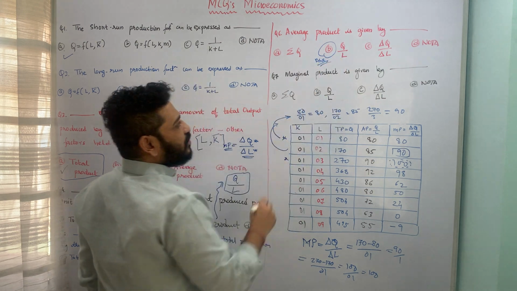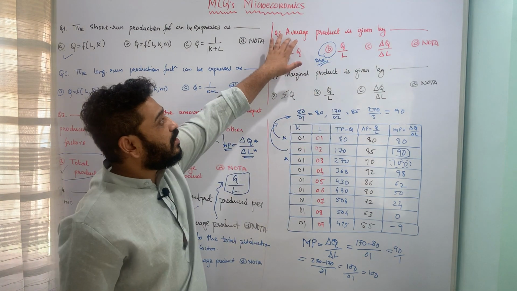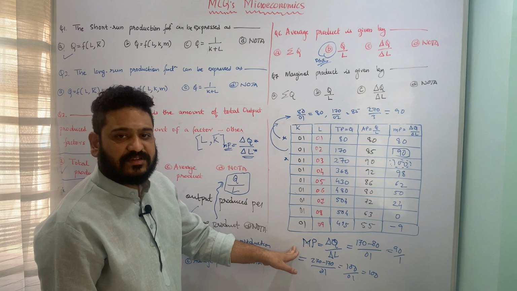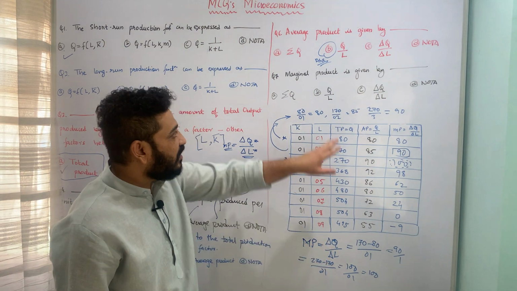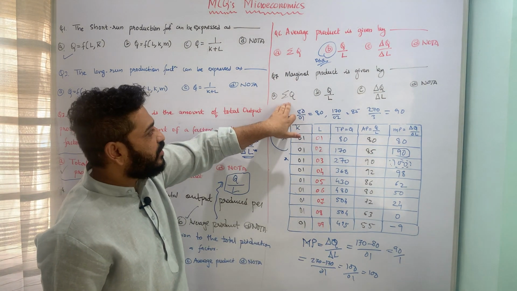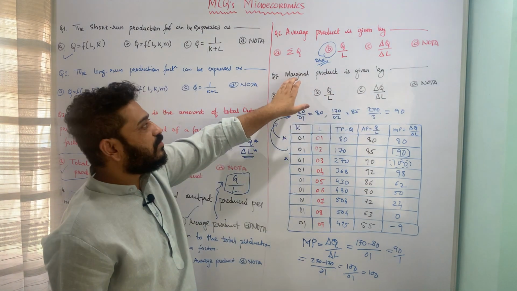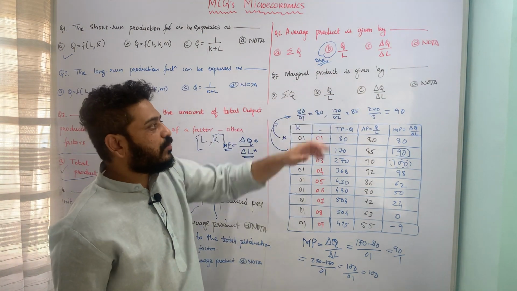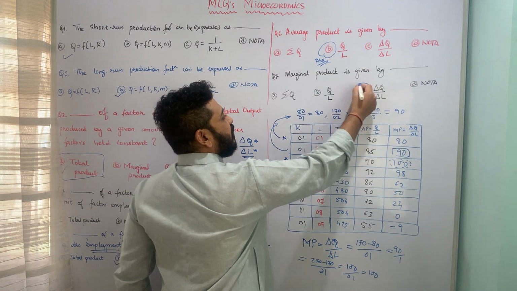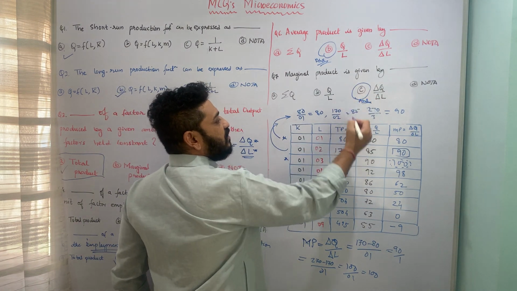Now marginal product: just now we used the formula delta q by delta L. Looking at the options, marginal product is given by delta q divided by delta L. So this is the correct answer.